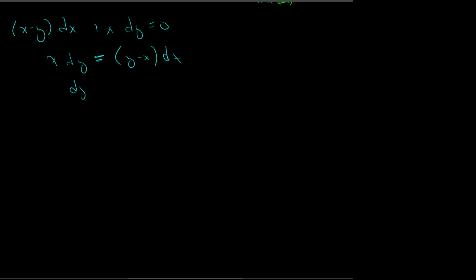And then dy/dx is equal to (y minus x) over x. And so I write this, I get y over x minus 1. And this is a function of y over x. This whole thing is a function of y over x.